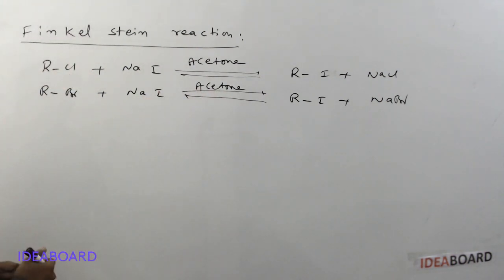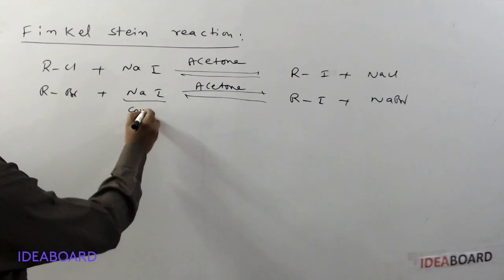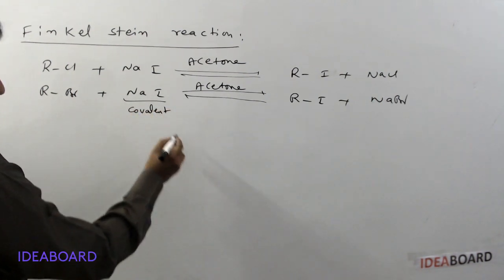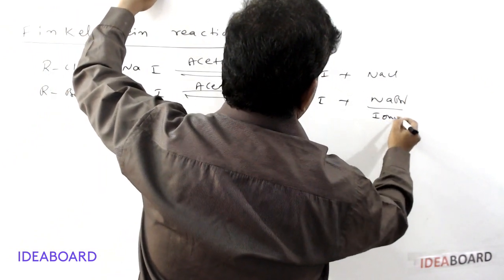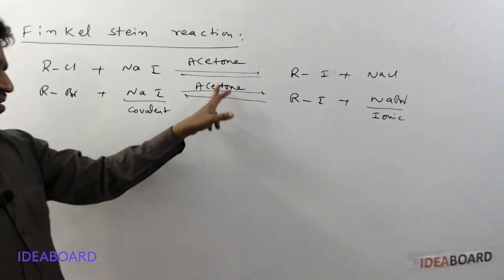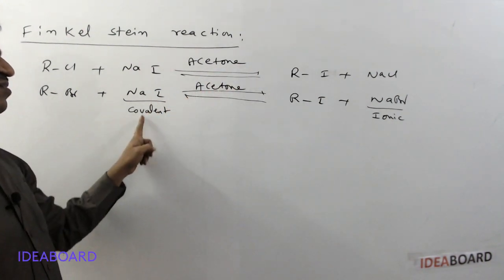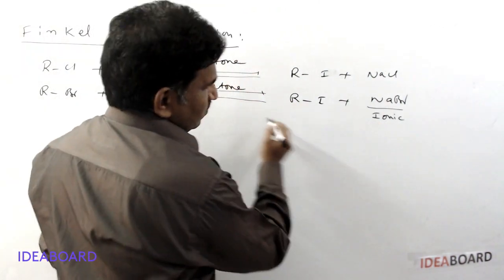Acetone is actually a non-polar solvent. Here NaI is a covalent compound and NaCl, NaBr are ionic compounds.